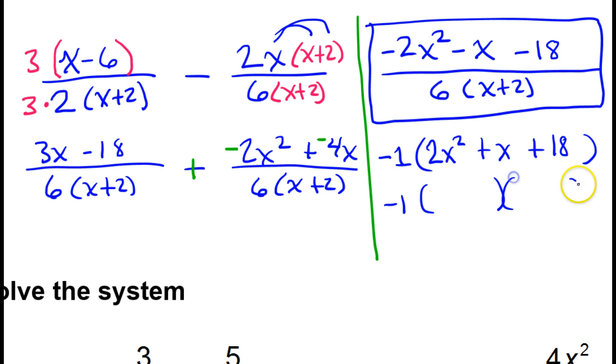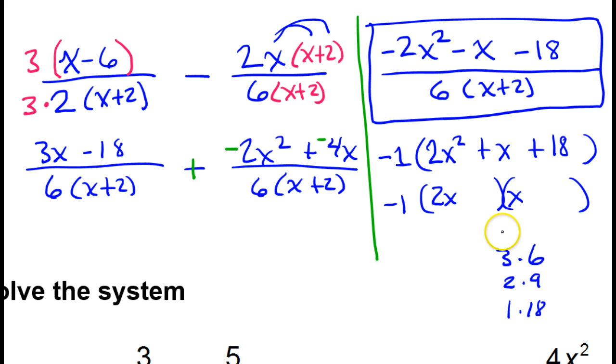Now if I were to try to factor this now, 2x squared would have to factor as 2x and x. Now 18. Let's see, I'm thinking 3 times 6. So it's either going to be 3 times 6 or 2 times 9 or 1 times 18.